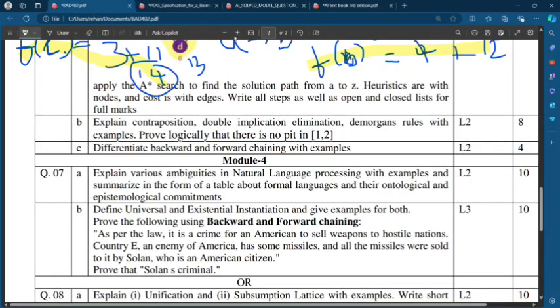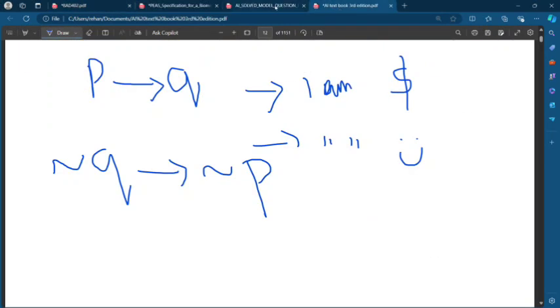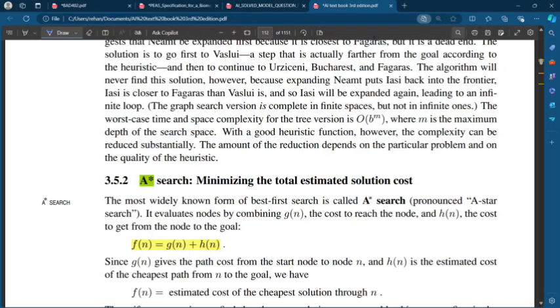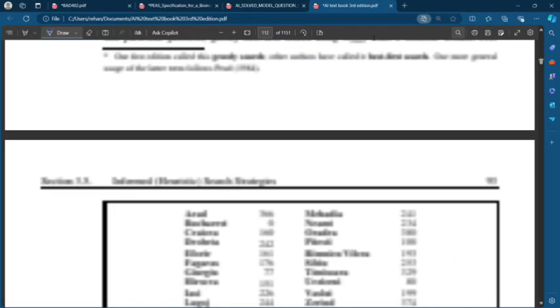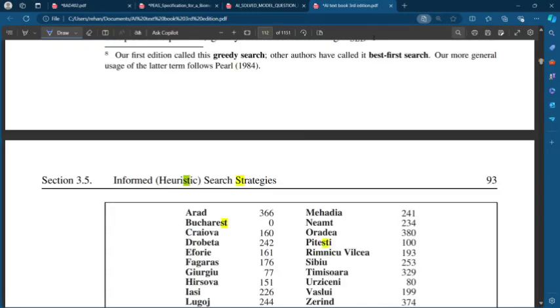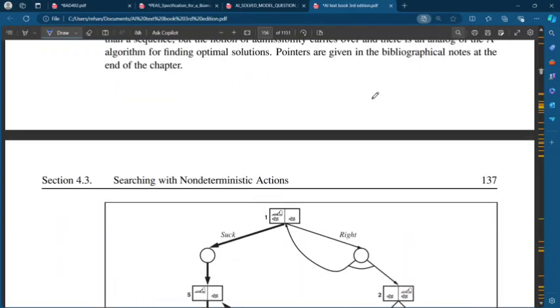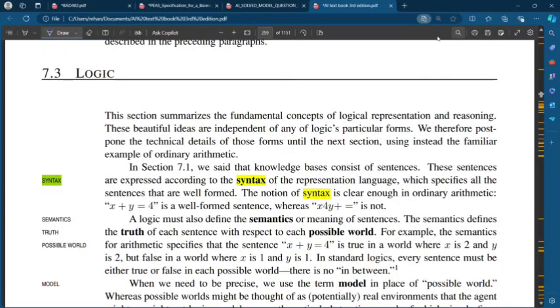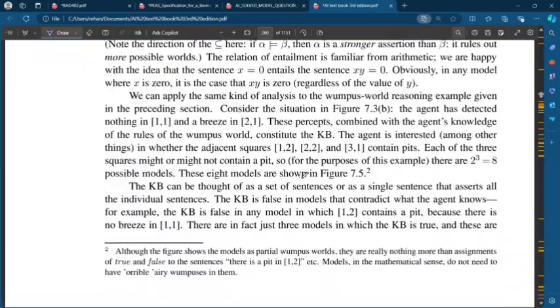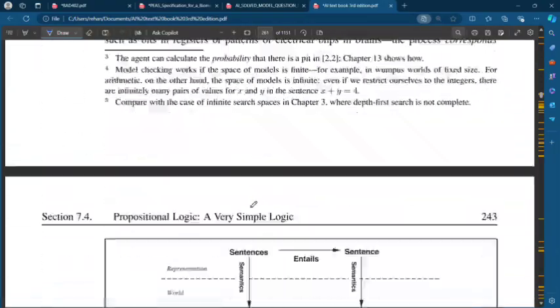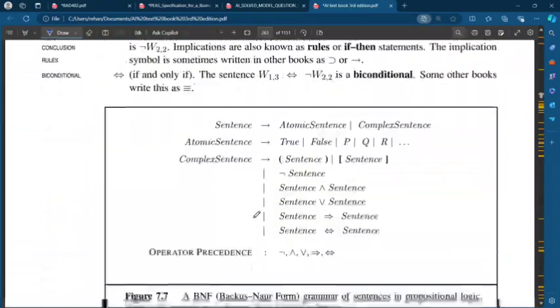Then double implication elimination. This is in the textbook, right? Let me go to it. Which topic is this? It should be syntax and semantics in first order logic, I guess. Where is it? Syntax.